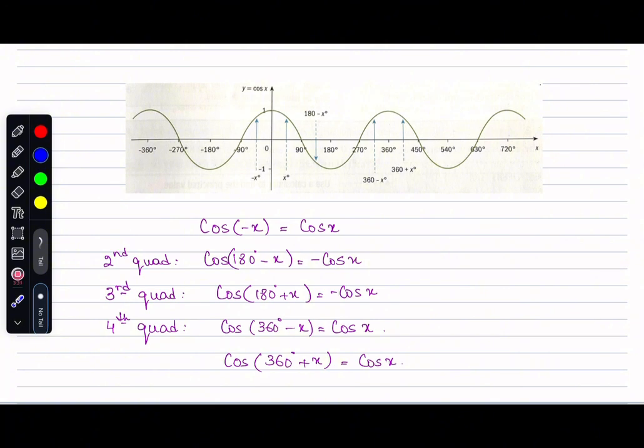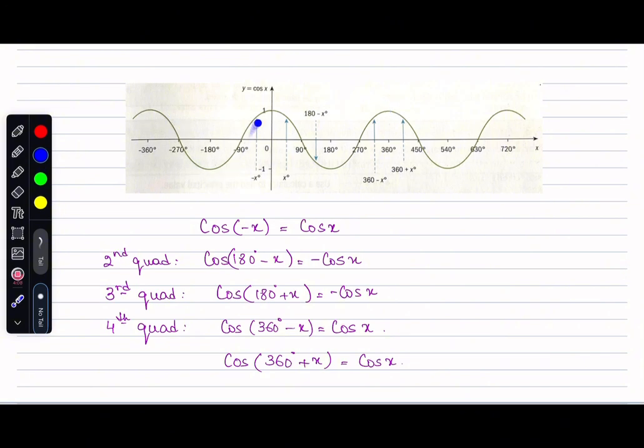And on the negative axis, meaning in the clockwise direction where all the angles are negative, I can see that it's starting from negative 360 degrees and up till 0 degrees. So basically it's the same cycle which is from 0 till 360 degrees in the anti-clockwise direction. So cos of negative x, the clockwise rotation, is actually equal to cos of x, meaning all the angle values in the anti-clockwise rotation.